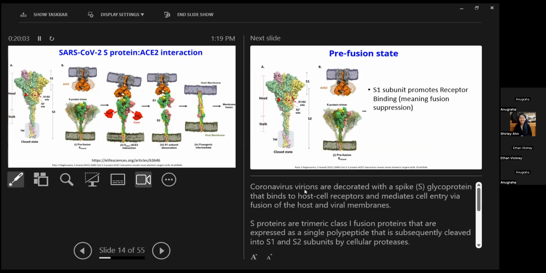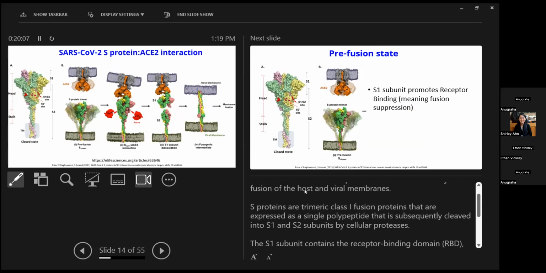So just the science behind this is, there are two states when the spike protein interacts with ACE2. ACE2 is the enzyme found in our body. The spike interacts with the ACE2 enzyme. So through furin proteases, the S1 and S2 subunits are separated, and that's how S2 enters into the host membrane.